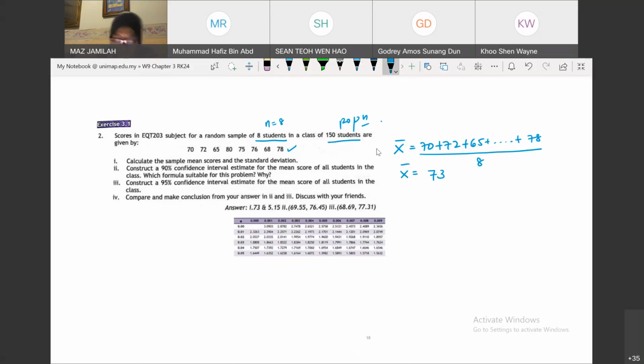Now, how to find your variance or standard deviation? You can use your Excel. But if you are talking about how we calculate it manually, your s squared would be 70 minus 73 squared plus 72 minus 73 squared plus until the last number, 78 minus 73 squared, divided by n minus 1, which is 8 minus 1.